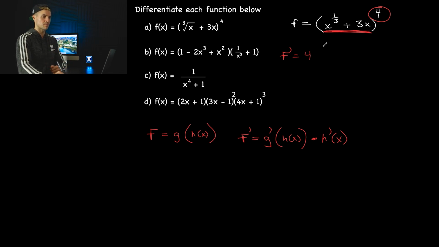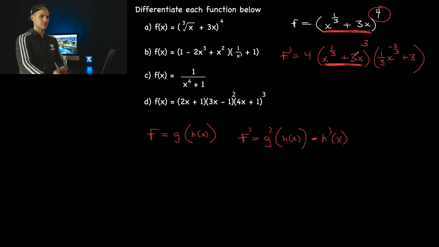Then we keep the inner function the same, subtract 1 from the exponent, so that would be 3, and then we multiply by the derivative of the inner function. So we take the derivative of this now. x to the power 1 over 3, bring the 1 over 3 down, subtract 1 from the exponent. 1 over 3 minus 1 is negative 2 over 3, plus 3.